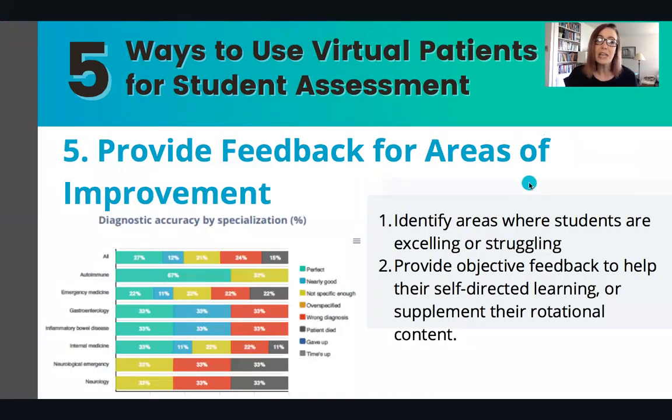And finally, the fifth way to use virtual patients for student assessment is to provide feedback for areas of improvement. I know when I was working with medical students in a clerkship, feedback was always difficult. It's difficult on both sides, right? As the giver and as the receiver, because what we want so much is to give students very objective feedback, and we want it to be useful to them and specific.